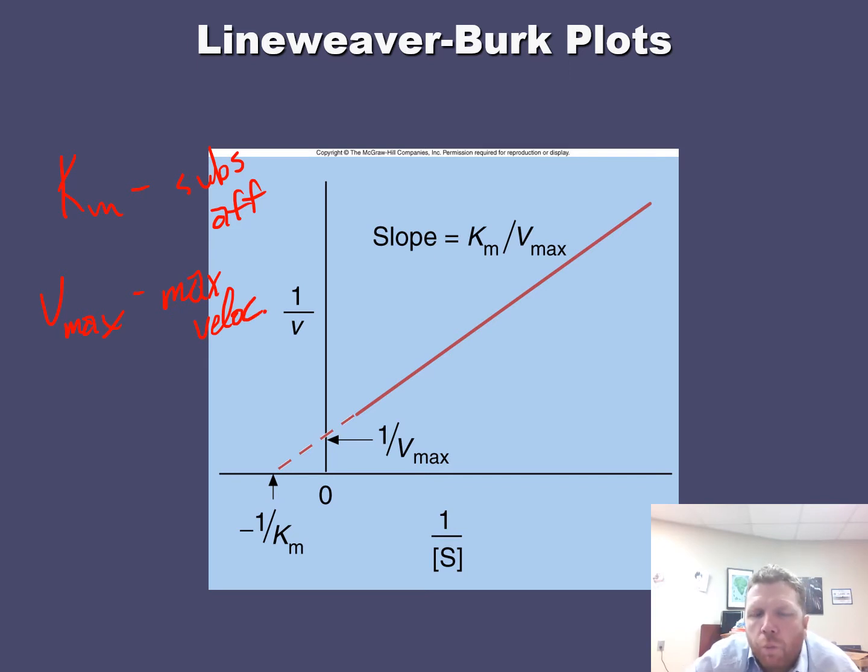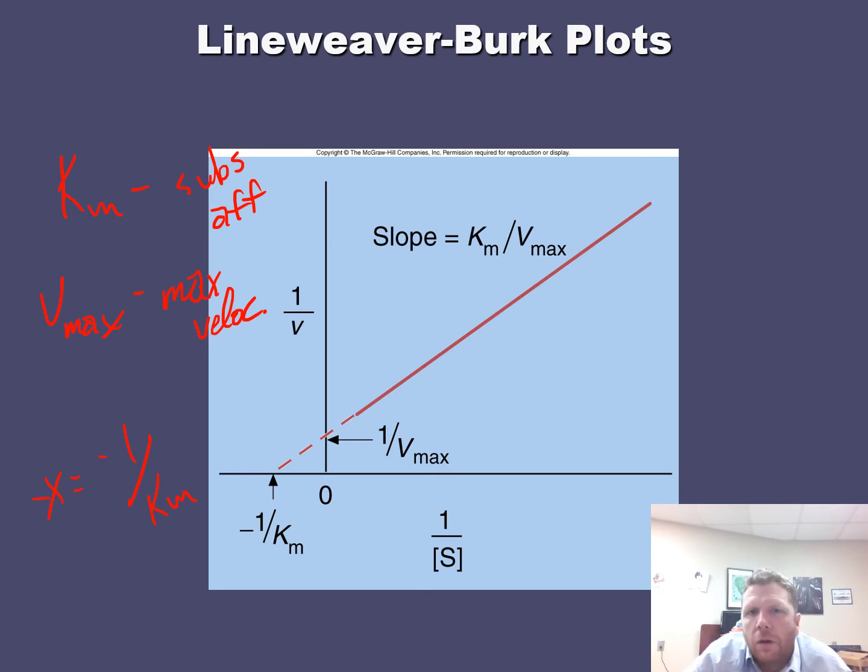Where this plays out when we graph this is that our y-intercept shows us 1 over Vmax, and our x-intercept, which would be a negative number, is equal to negative 1 over Km.